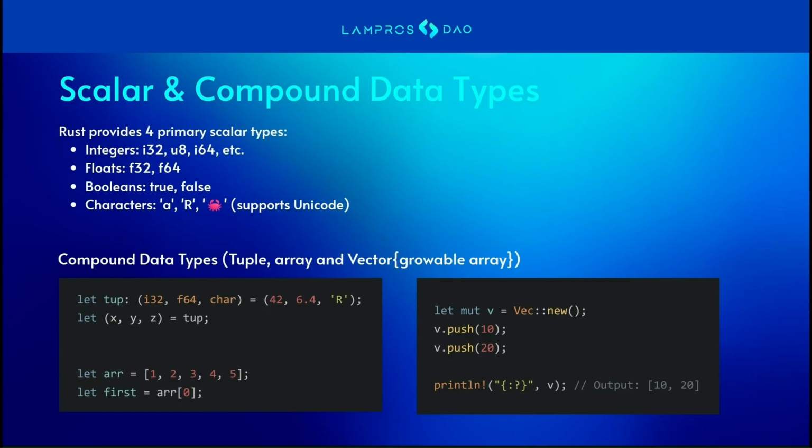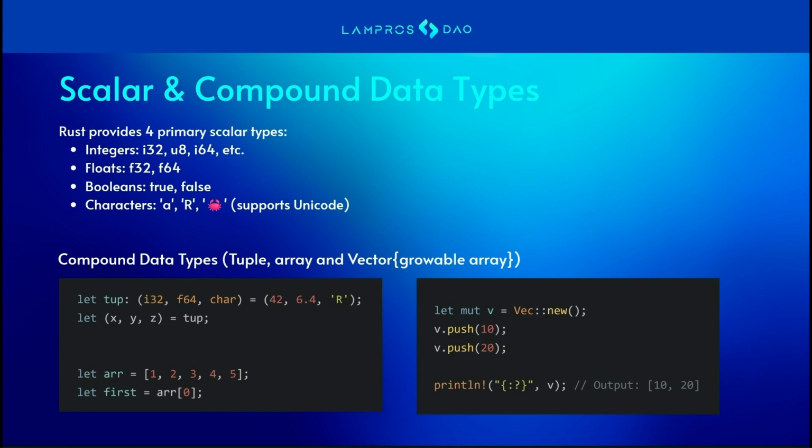Here U8, so 8 represents a bit value, meaning an 8-bit number. So here we have two formulas by which we can calculate how large a number can be assigned to any particular data type. For example, for the positive numbers, we have the formula 2 raised to the power n minus 1.